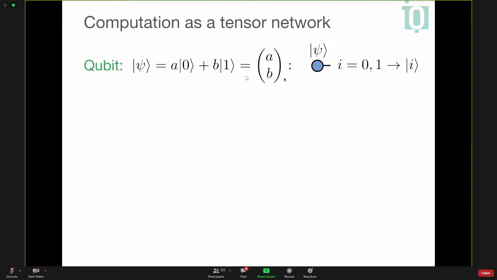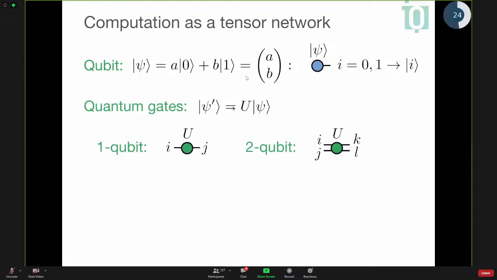Okay, so if a vector is a tensor, then I can represent the state as a tensor, as before, right? I have my node here with the leg sticking out that has the single degree of freedom taking two values, and to each entry I can assign the coefficients of these two states. So I can represent a state now as a tensor.